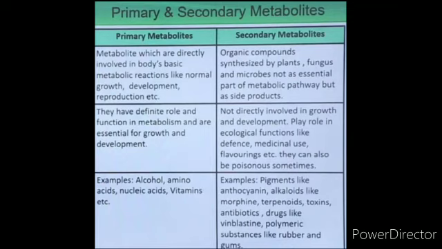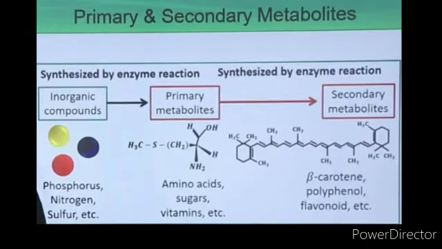Examples: pigments like anthocyanin, alkaloids like morphine, terpenoids, toxins, antibiotics, drugs like vinblastine, polymeric substances like rubber and gums. Some of them can also be synthesized by enzyme reactions.